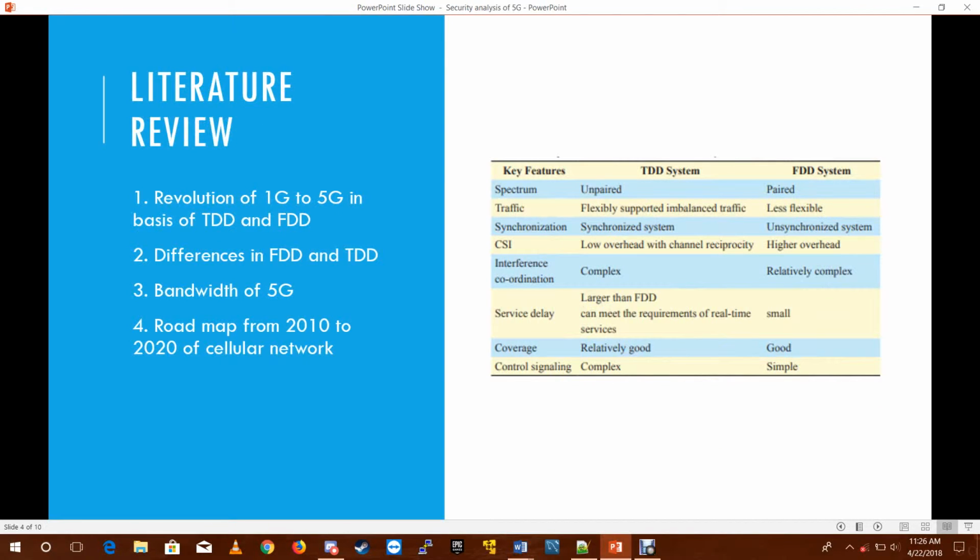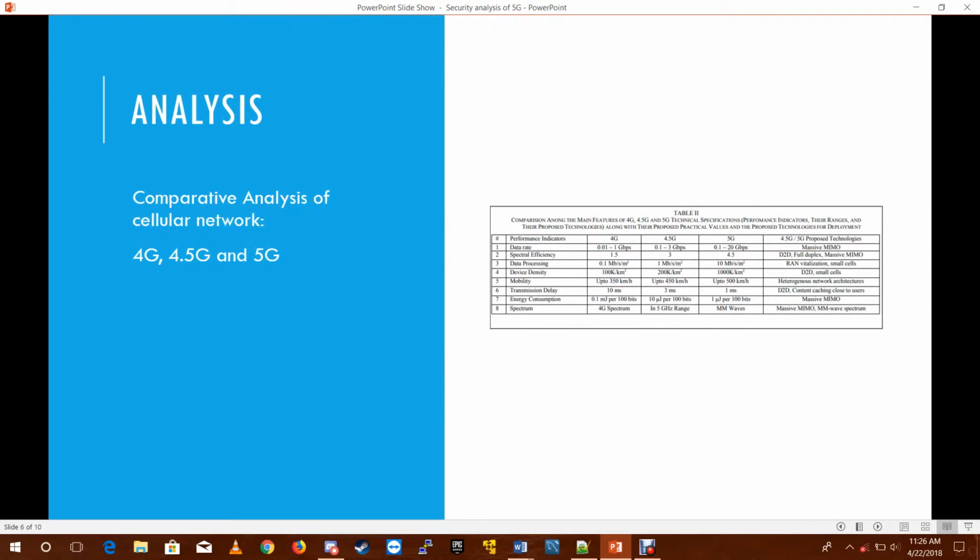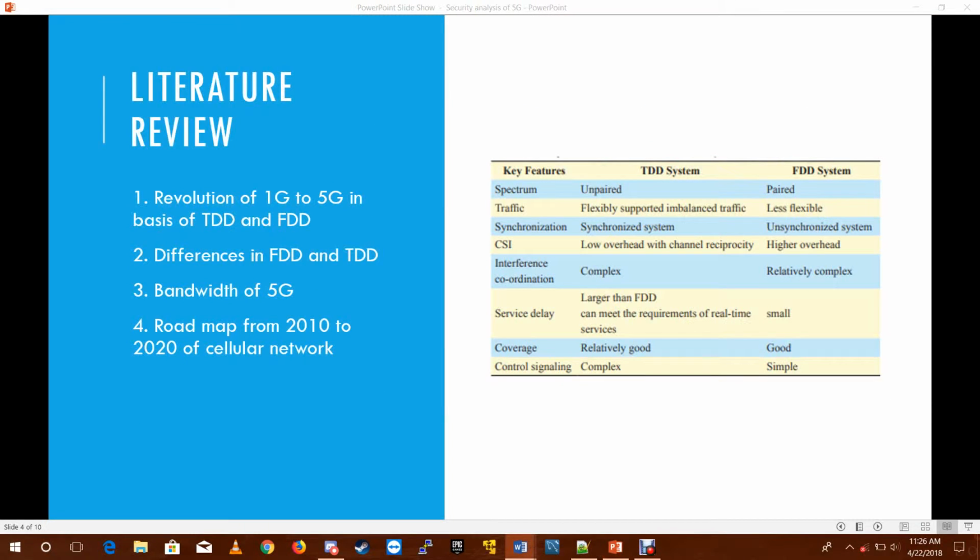In the literature review, it is discussed how the revolution took place in cellular networks on the basis of TDD and FDD. It also shows the difference between FDD and TDD, the bandwidth for 5G, and the roadmap of development of cellular networks from 2010 to 2020 and further.